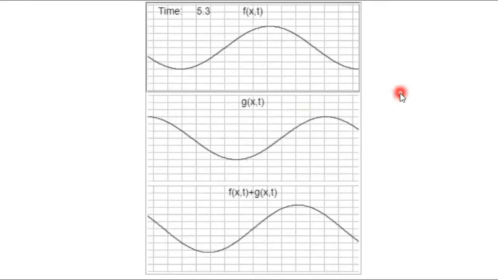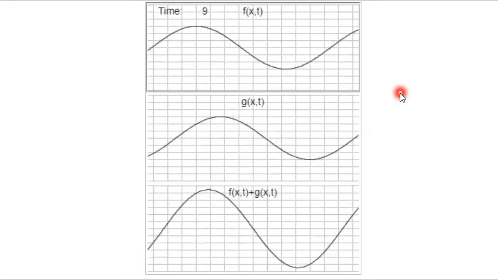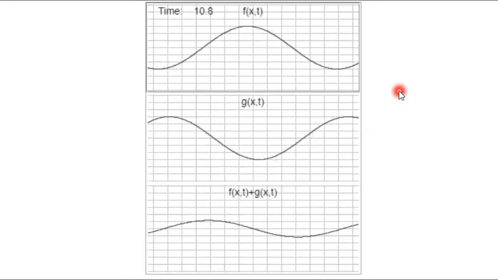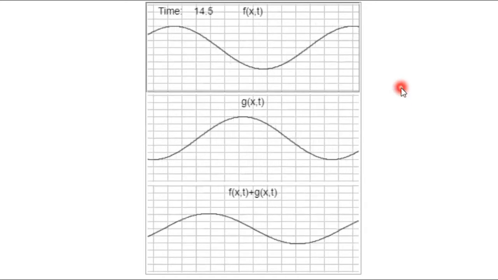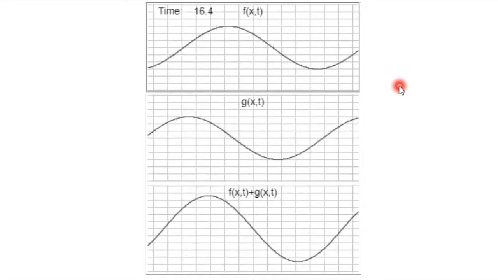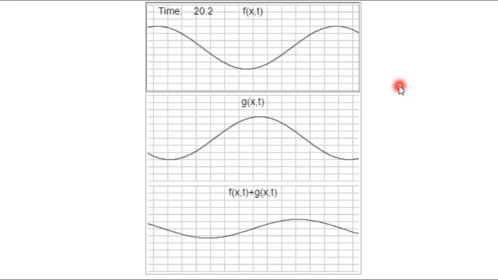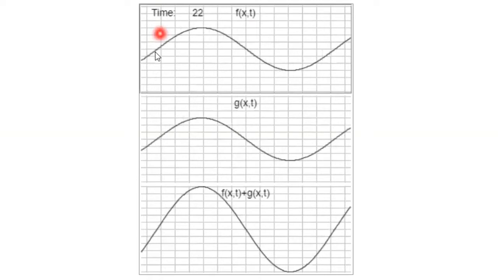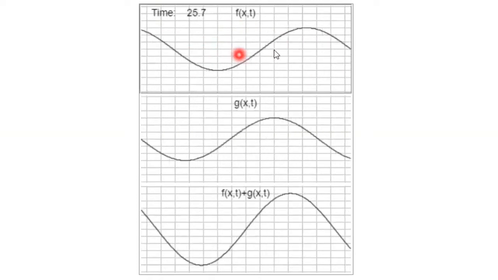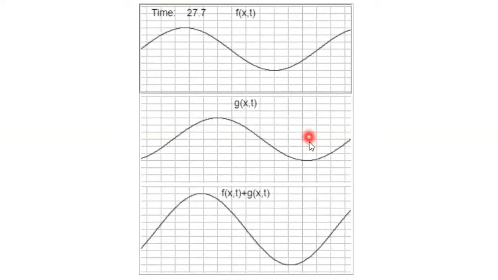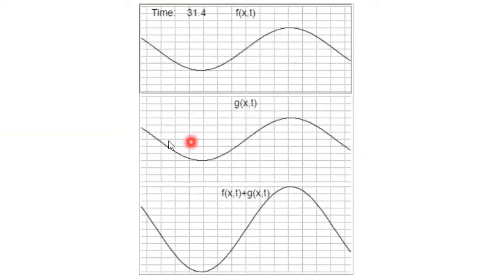When two identical waves, meaning both have the same frequency and same amplitude, traveling on the same path but in opposite directions interfere with each other, then the resultant wave will be a stationary wave. So the topmost wave is the first wave which is traveling towards the right. After that, the middle one is the second wave which is traveling towards the left.